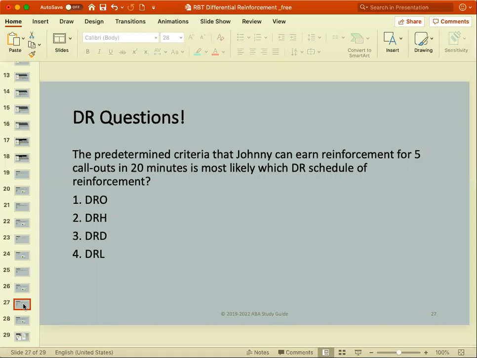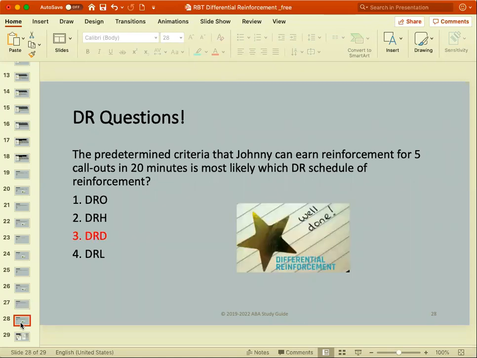The predetermined criteria that Johnny can earn reinforcement for 5 callouts in 20 minutes is most likely which DR schedule of reinforcement? Is this DRO, DRH, DRD, or DRL? DRD, right, we're decreasing the rate and there's that time component.